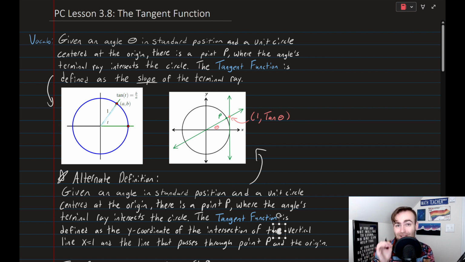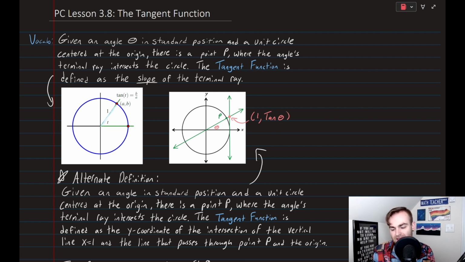There is another interesting definition that I found out recently, given the same exact setup. We have an angle in standard position, and we are given a unit circle centered at the origin. But instead of drawing the terminal ray and where it intersects the circle, we're going to draw a line with that angle.